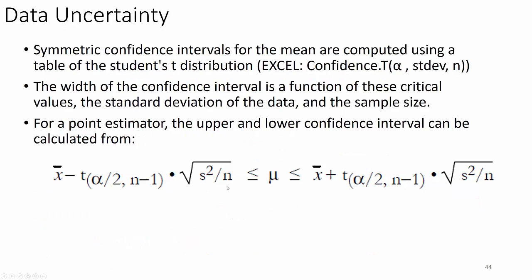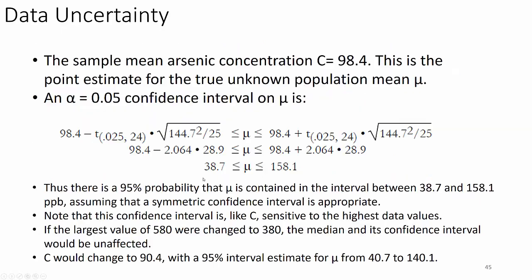Notice it's n here, and the upper one is n minus 1. So s squared is 144.7, and 12 point something would be the standard deviation. 98.4 is the mean. So you can calculate this, and you can see that we can be 95% confident that the concentration of arsenic in our sample is between 38.7 and 158.1.